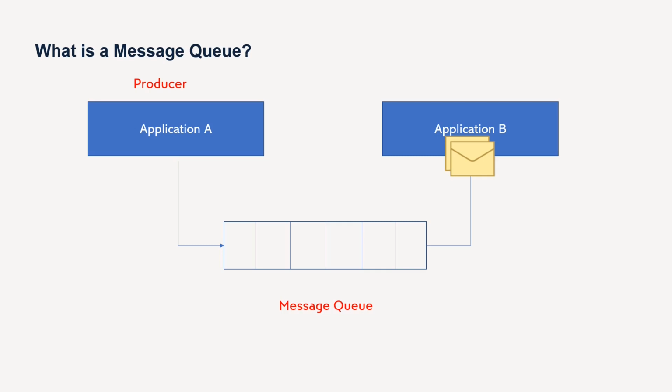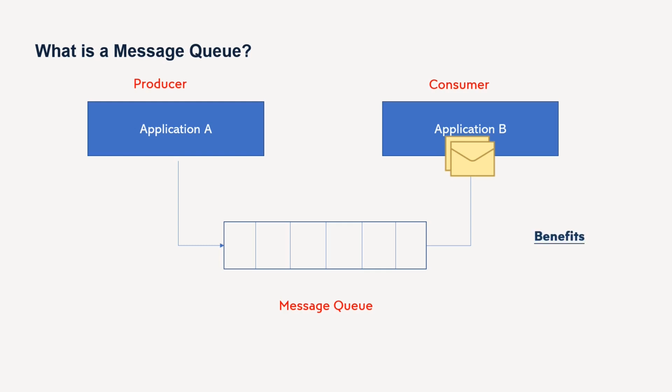The application which is sending messages is called the producer application, and the application which is going to process the message is called the consuming application, or consumer. So whenever you have a producer-consumer scenario where you can't wait for the response, you can use message queues as the intermediary.